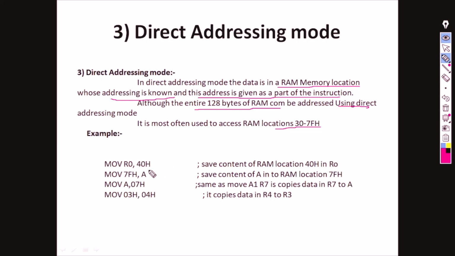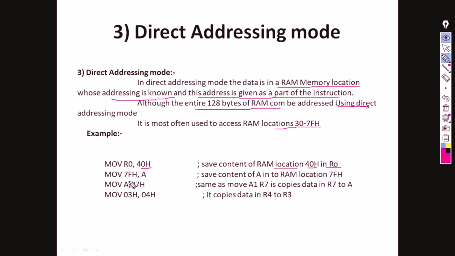So for example, in direct addressing mode, MOV R0, 40H: 40H is the address, this is the location, and we want to save the content of RAM location 40H into the R0 register.